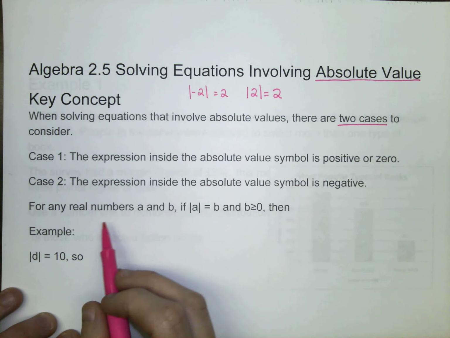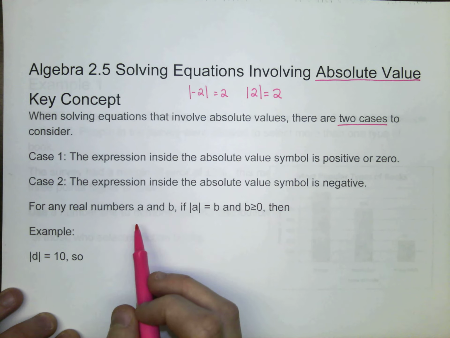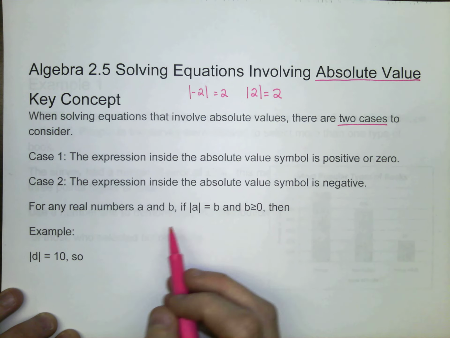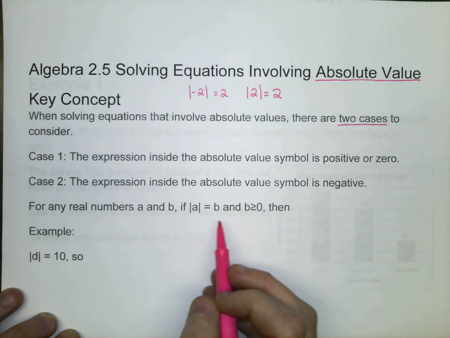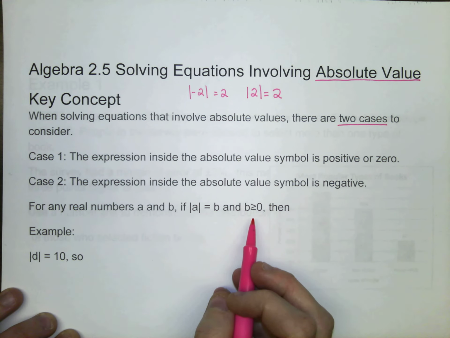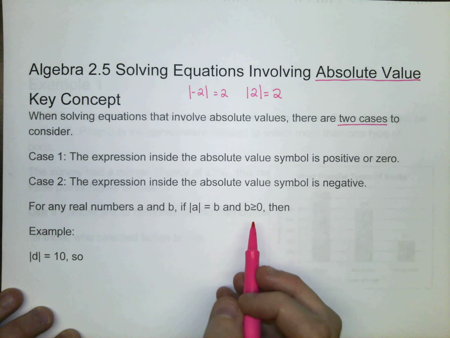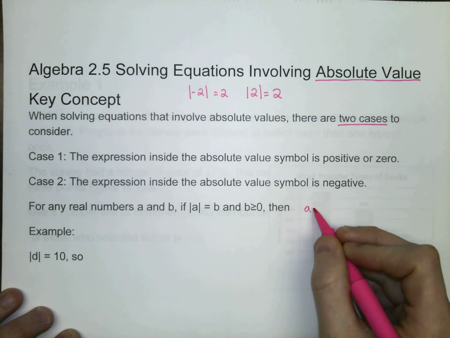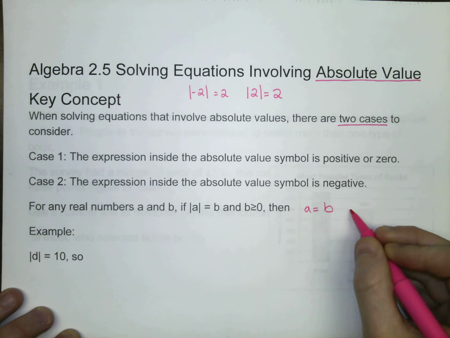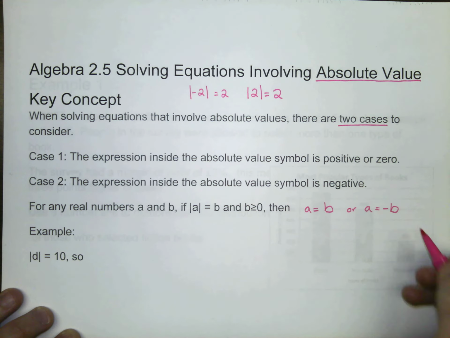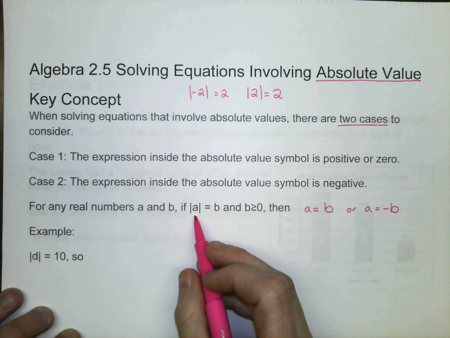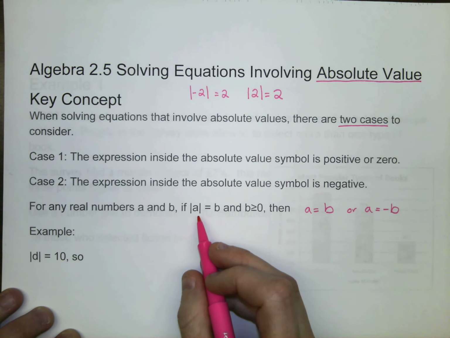For example, if we have any real numbers a and b, if the absolute value of a equals b, and b has to be greater than or equal to 0, then we could say that a is equal to b, or a is equal to -b. Because here is the absolute value, it could be equivalent to b whether it was a positive or negative integer.